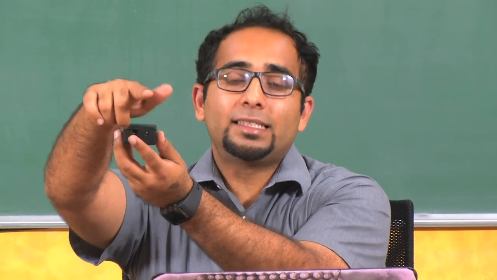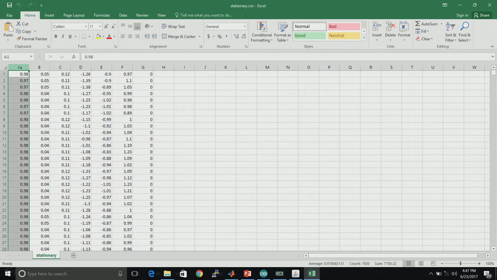So if we consider this to be the accelerometer and I keep it stationary, the axis which is pointing forward is the X axis. The axis which is perpendicular in this manner is the Y axis, and the axis which goes through the device is the Z axis. So axis X of the accelerometer is in column A, axis Y of the accelerometer is in column B, axis Z of the accelerometer is in column C.